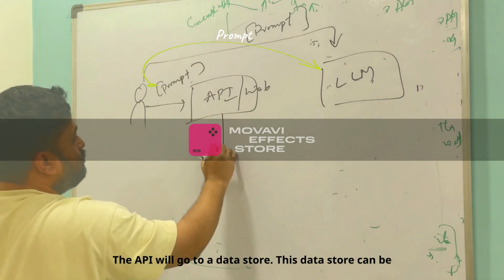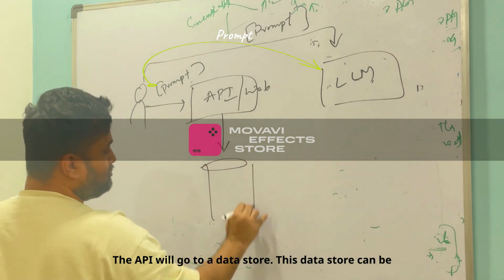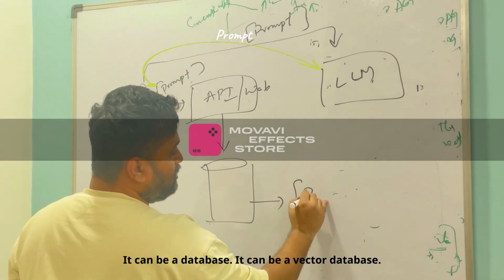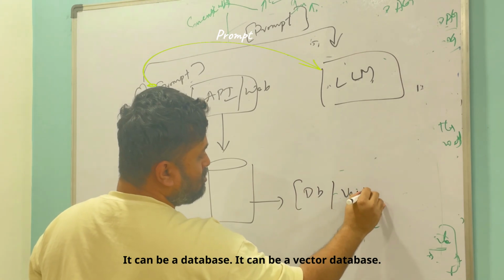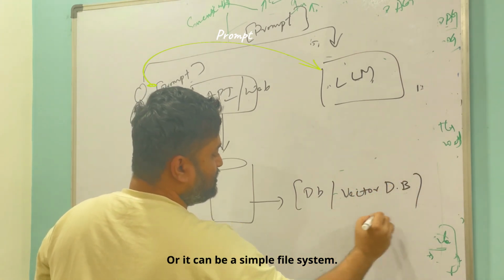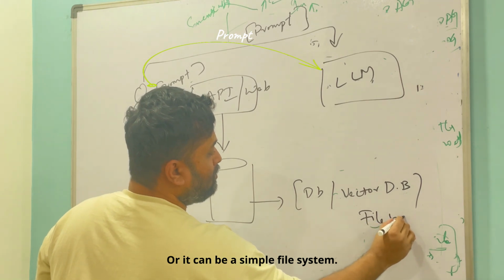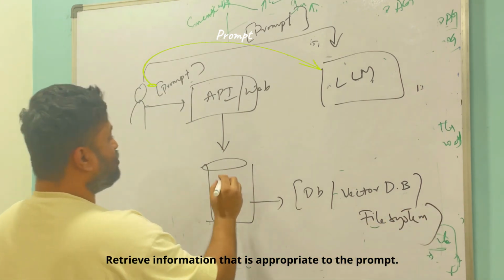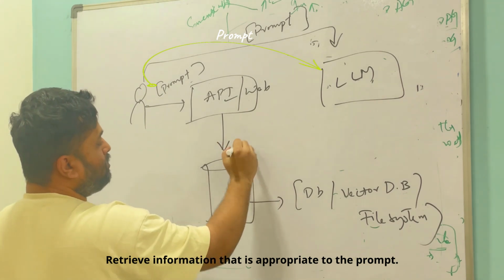The API will go to a data store. This data store can be anything. It can be a database, it can be a vector database, or it can be a simple file system. It retrieves information that is appropriate to the prompt.